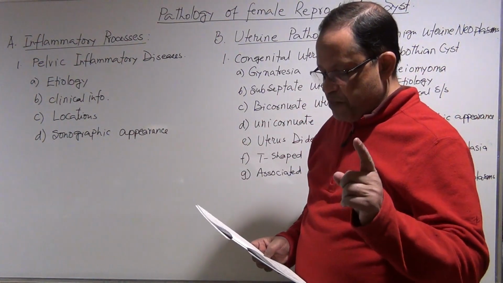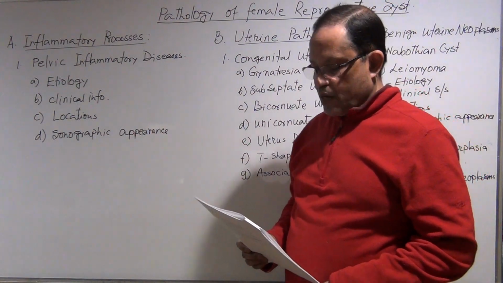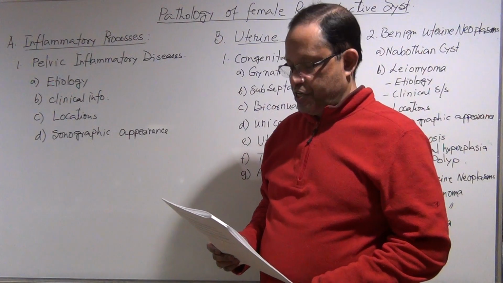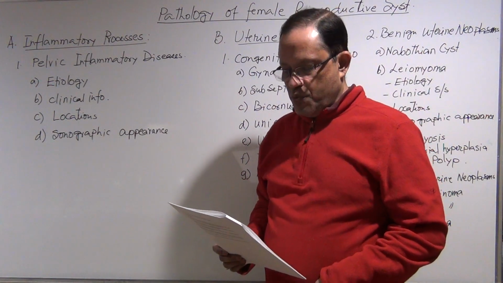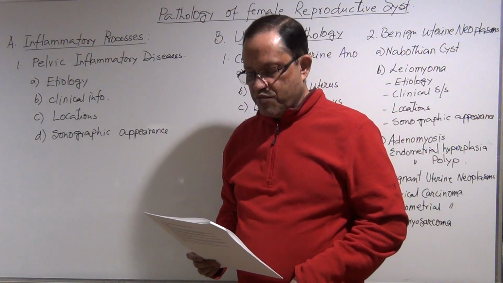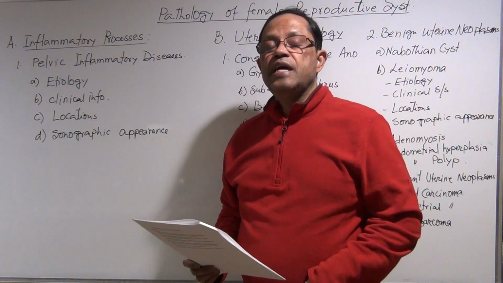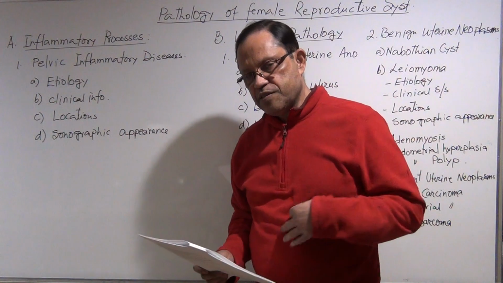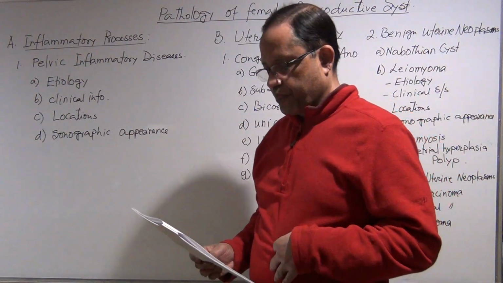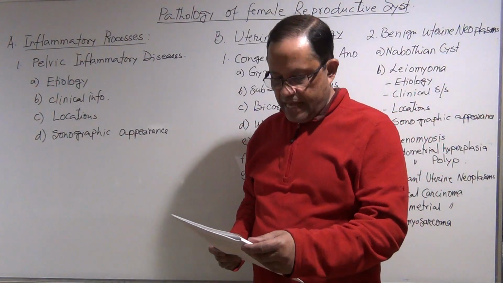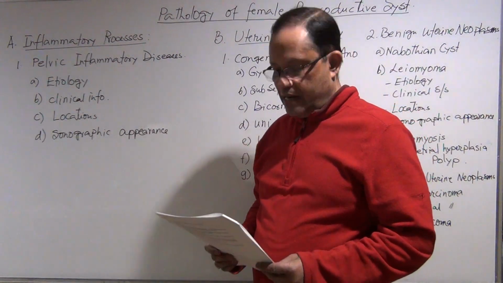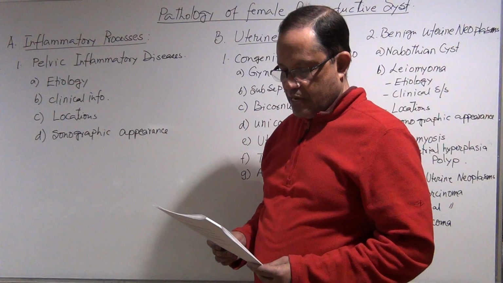Etiology: 99% of cases of PID are caused by an infection from multiple bacteria. The most common are bacteria from sexually transmitted disease, STD, such as gonorrhea, chlamydia, syphilis, etc. The peak incidence is in women in their late teens and early 20s.